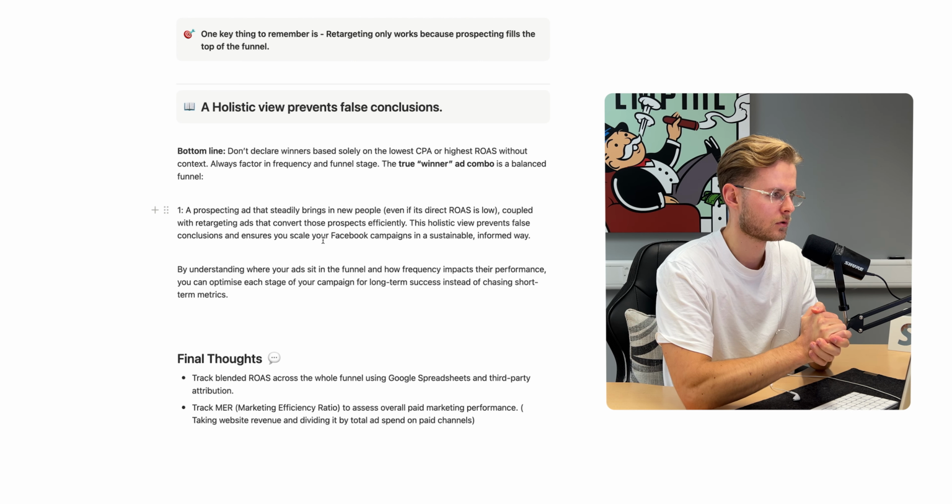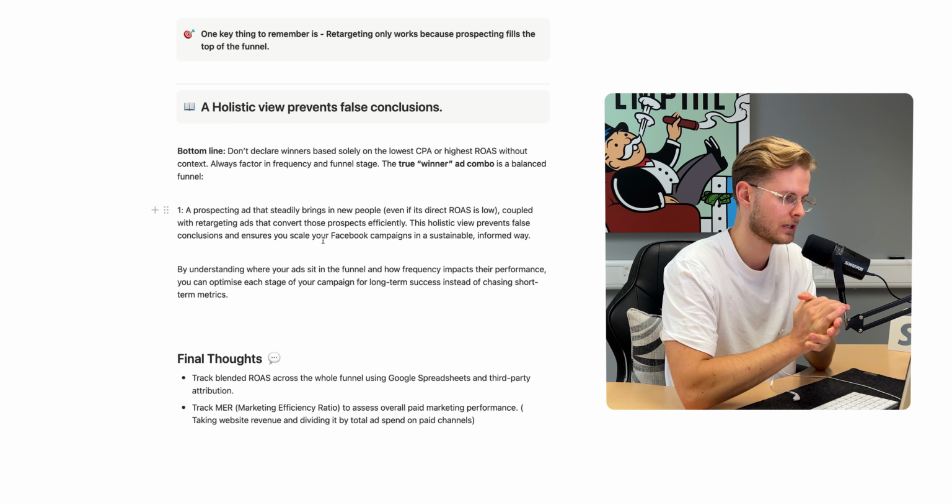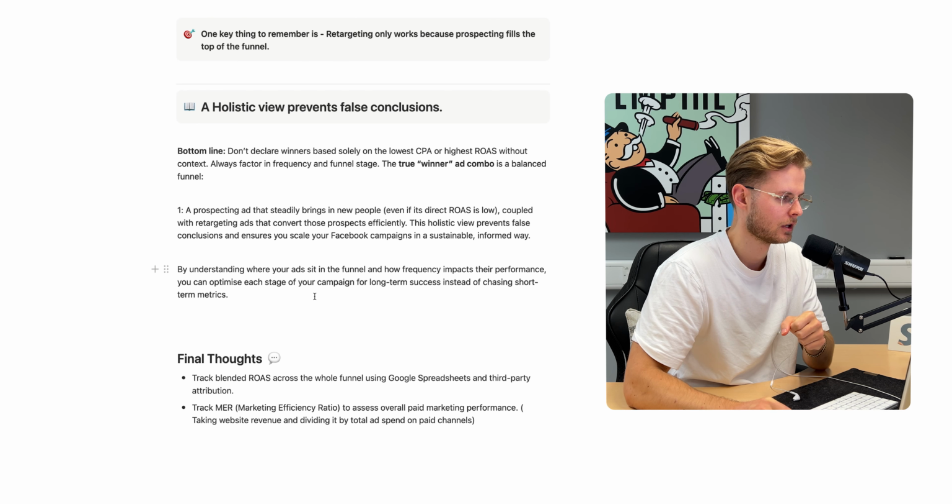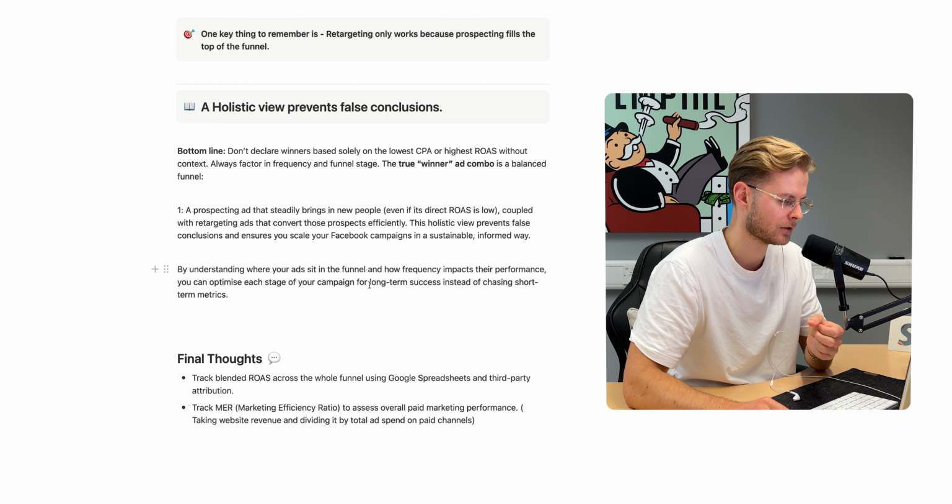So what we don't want to do is cut off the top of funnel campaigns and just have the ones that give false data of the bottom of funnel. Now that we understand where your ads might sit in the funnel and how frequency impacts their performance, you can optimize each stage of your campaign for long-term success instead of cutting short-term metrics.